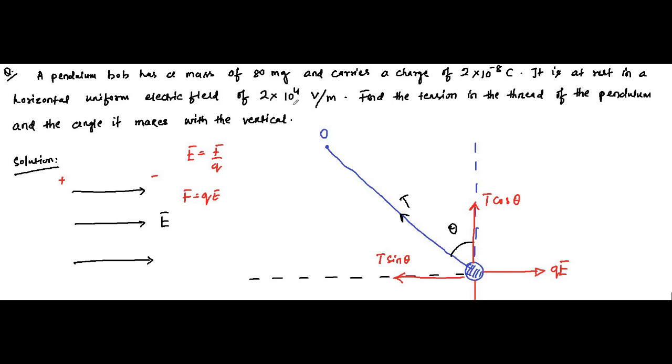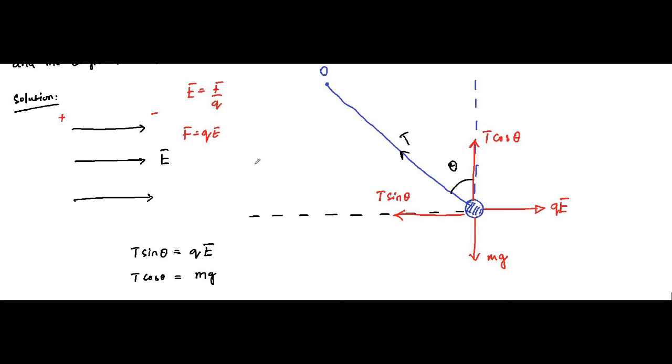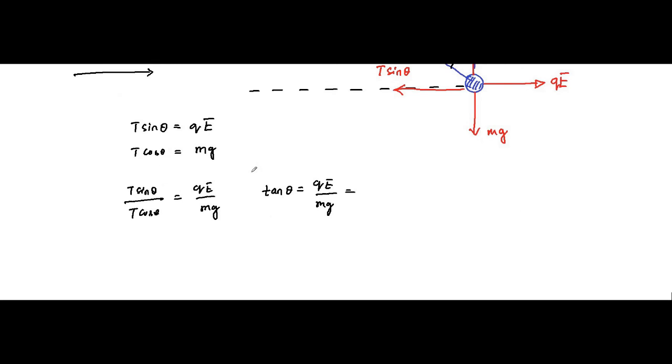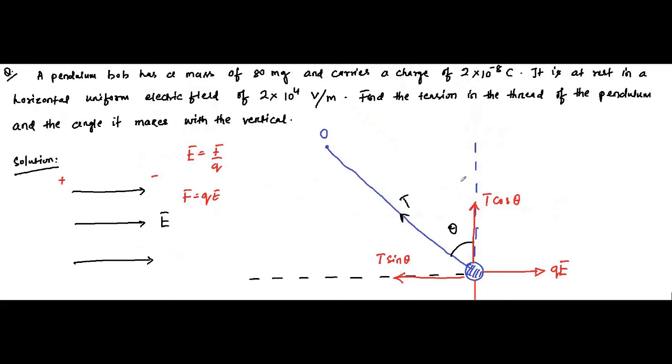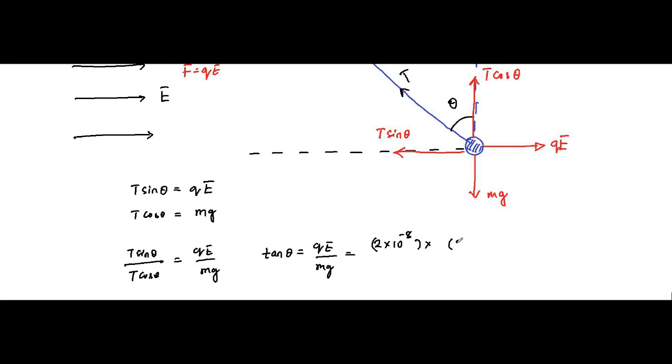Electric field is 2 into 10 to the power 4 volt per meter.